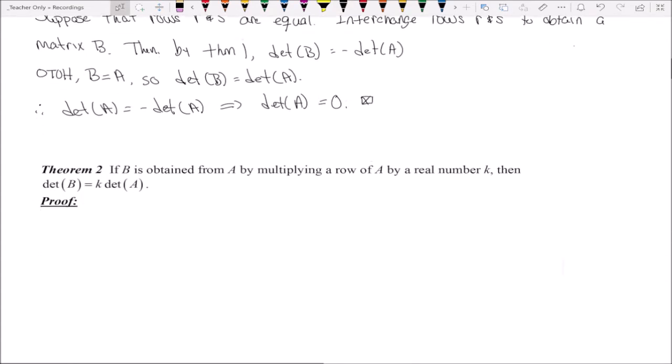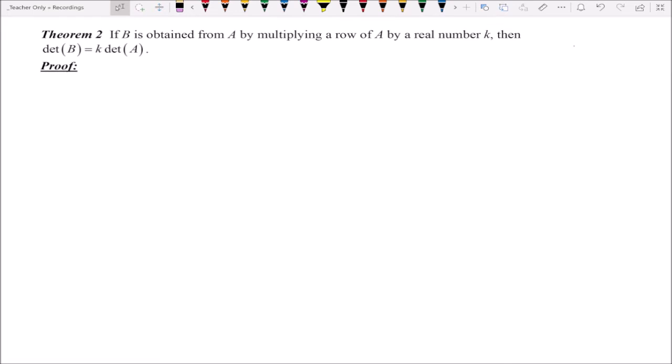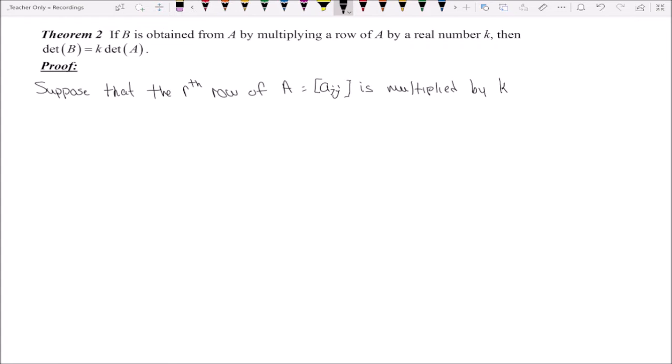The next property for our method: if B is obtained from A by multiplying a row of A by a real number K, then the determinant of B is equal to K times the determinant of A. So suppose that the rth row of A, A_ij, is multiplied by K to obtain the matrix B, B_ij.